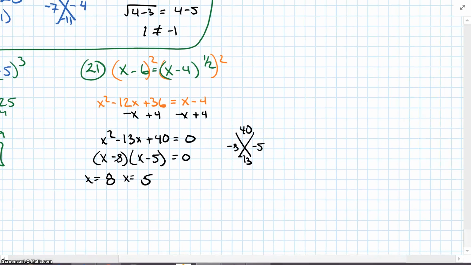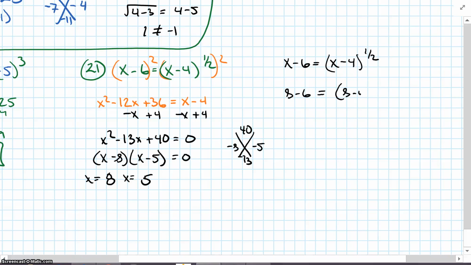Now double check our work and see what we get. The initial equation was x minus 6 equals x minus 4 to the 1/2 power. Let's try 8. 8 minus 6 equals 8 minus 4 to the 1/2 power. 8 minus 6 is 2. 8 minus 4 is 4 to the 1/2. So 2 equals 2.